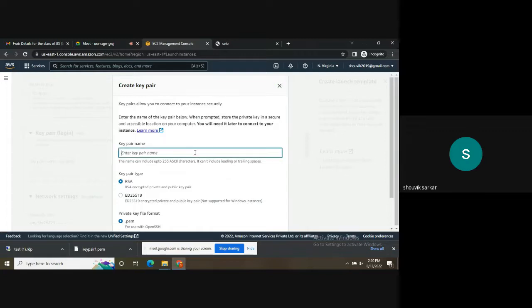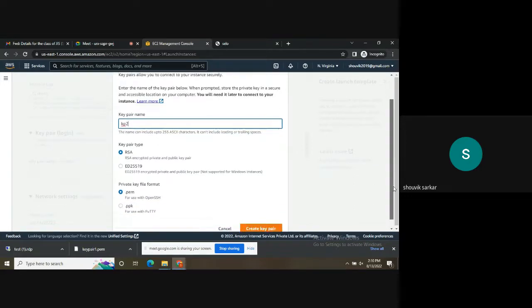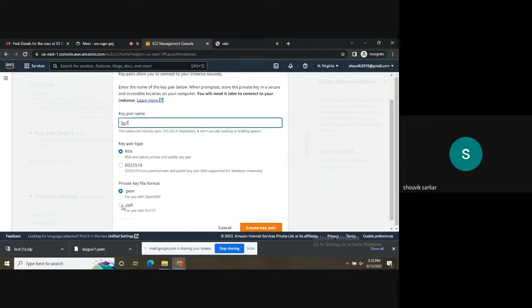Suppose we write the name here like this, key pair 2. And when we are going to connect to a Linux instance, we preferably go with the PPK, PuTTY private key, and create it.